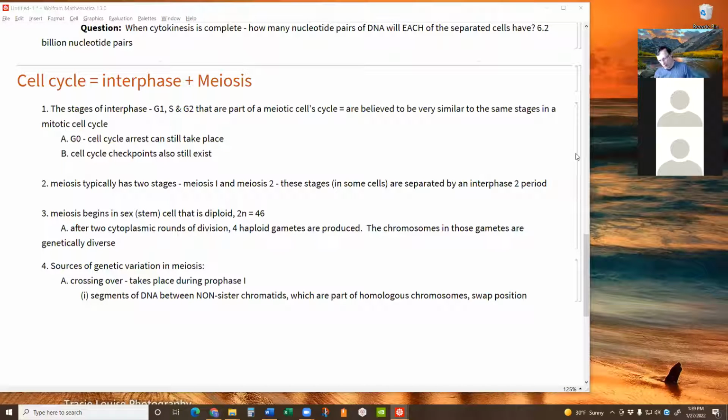Okay, so I have a question in the chat window. During mitosis, are sister chromatids genetically identical?